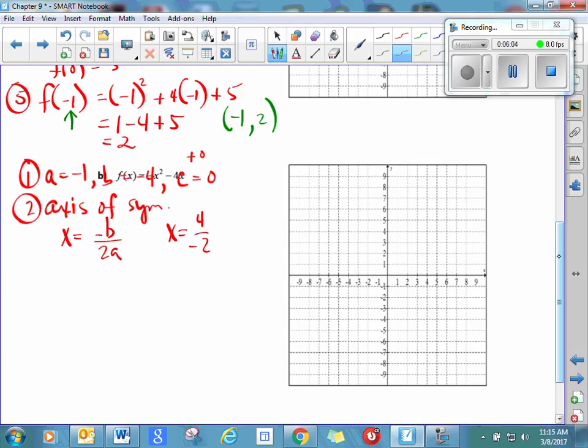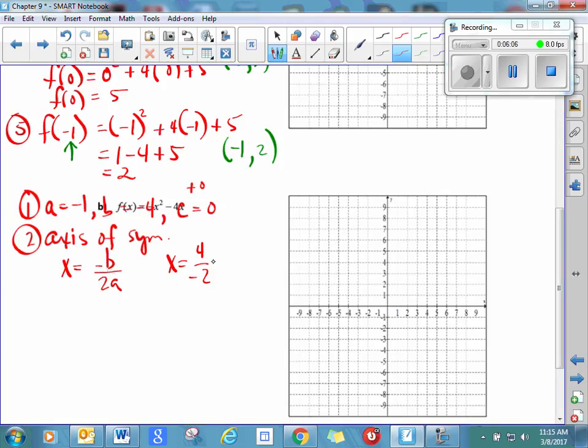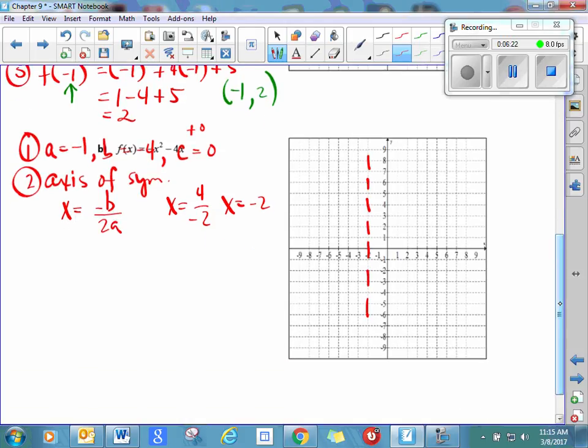So X is going to equal -2. So we can go over and draw our axis of symmetry, lightly sketch it in, this dotted line cutting right through the x-axis at -2, and we can move on to step number 3.